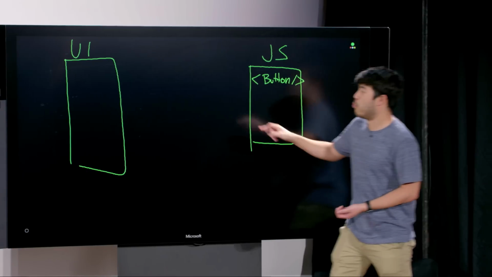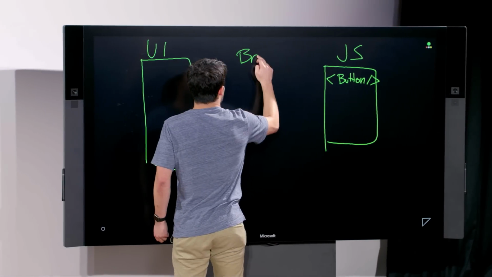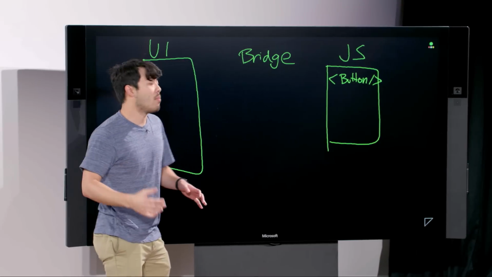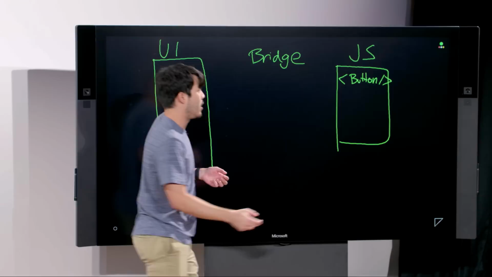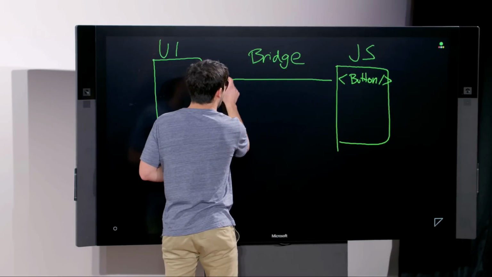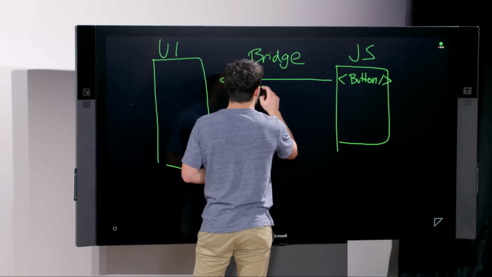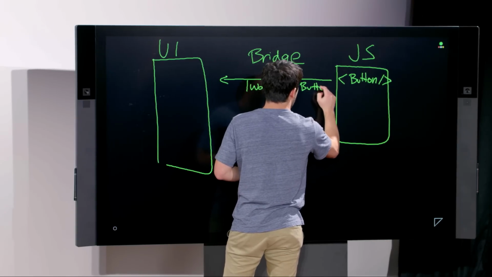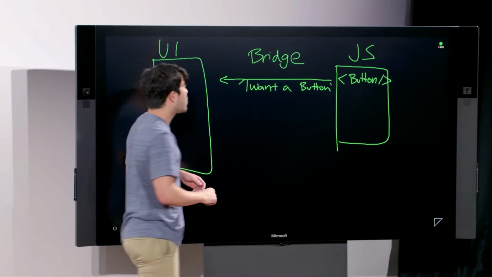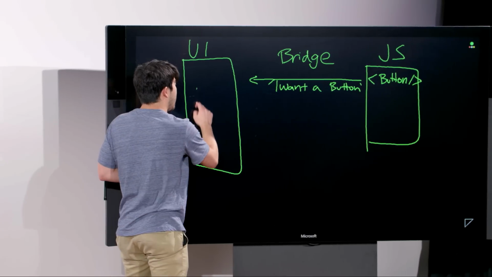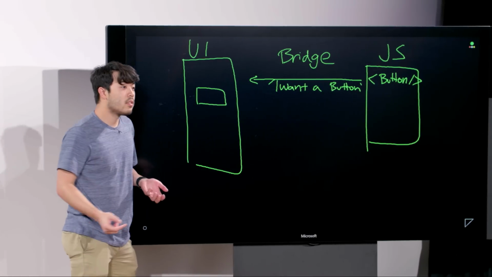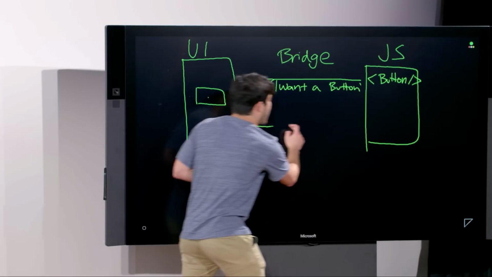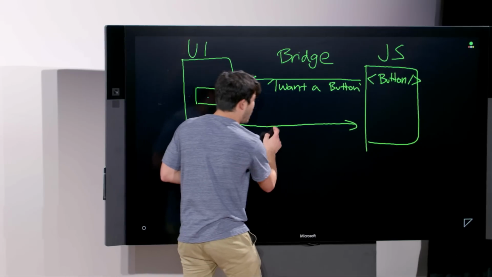Basically what happens is there's this bridge which will communicate between these two threads. And so the JavaScript will basically say, hey, UI thread, I want a view or a button. And the UI will basically say, OK, here it is, a button. And then if I, as a user, go ahead and press that, the UI will actually send over to the JavaScript, oh, the button was pressed.